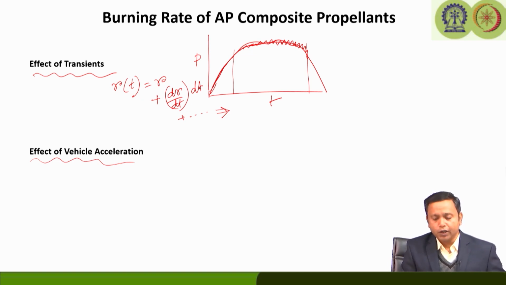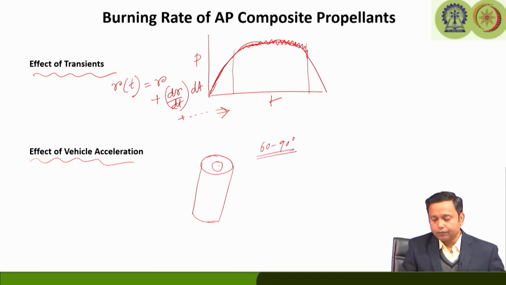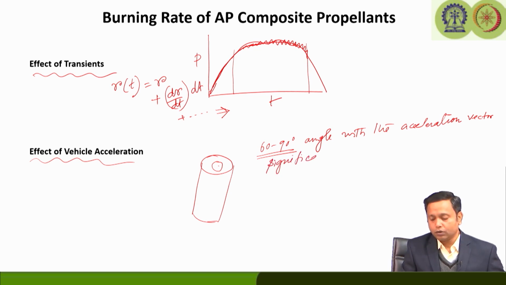Now, it has been reported in literature that if the acceleration vector is oriented with the port geometry at a 60 to 90 degree angle with the acceleration vector, then it has a major or significant influence on the burn rate.